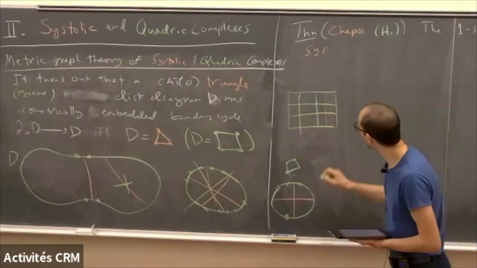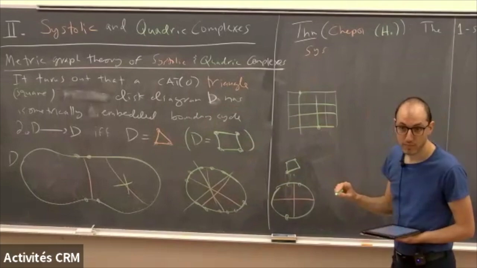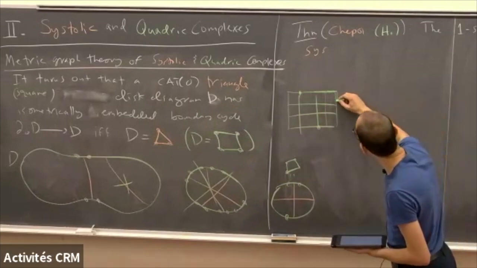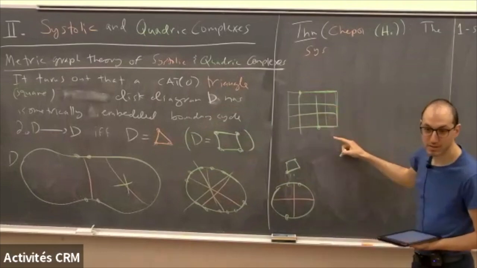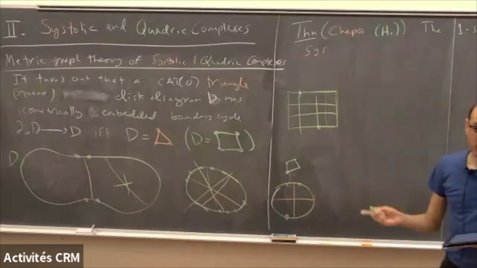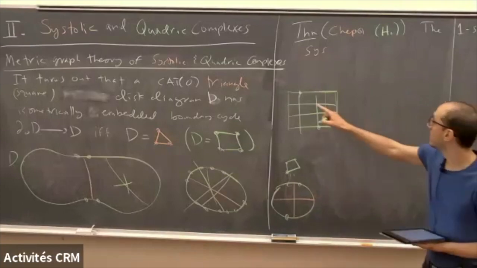What that means is that there is a pair of antipodal vertices of the boundary cycle that cross it twice, so that's not a geodesic. And that's what it means for the boundary cycle to be isometrically embedded.